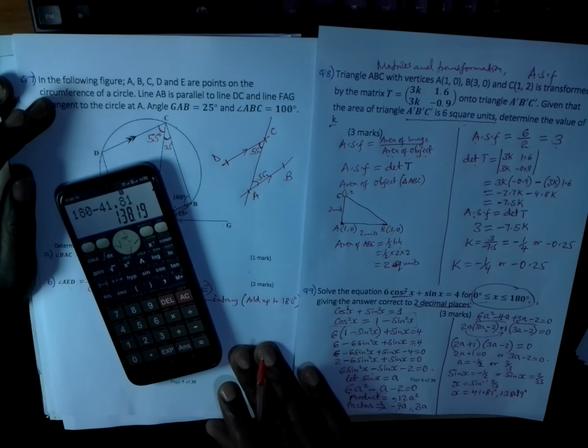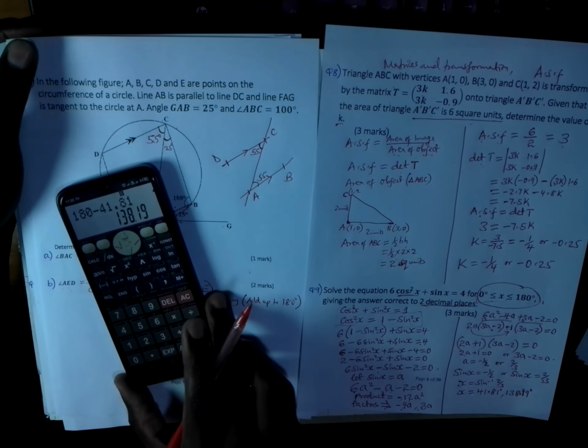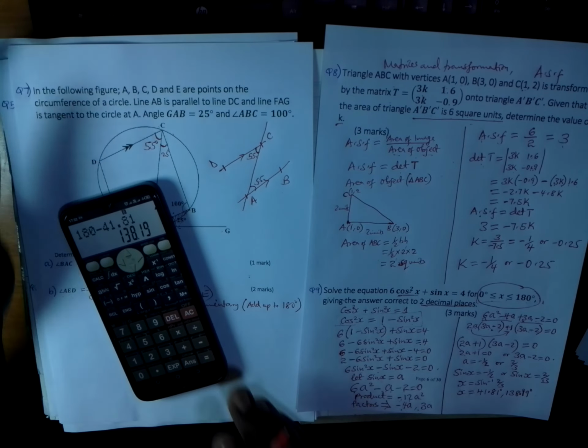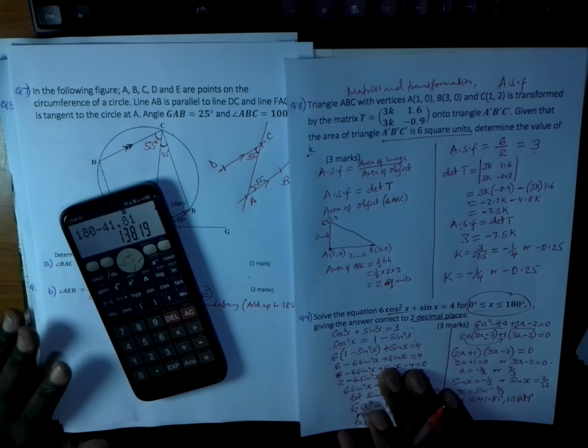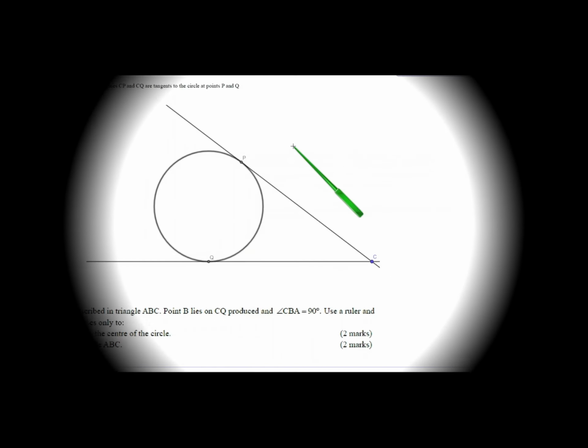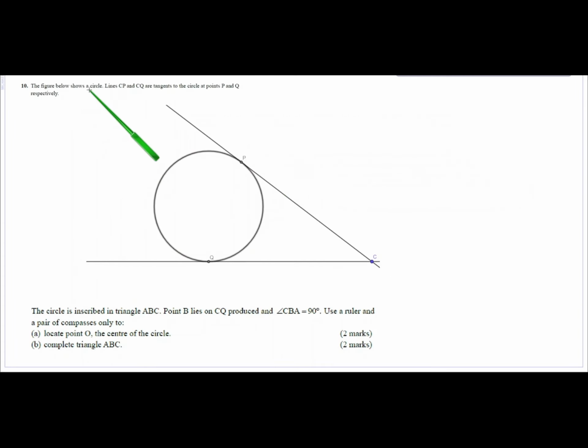So we move on to our next question, and that is question number 10. The figure below shows a circle. Lines CP and CQ are tangents to the circle at points P and Q respectively. So the circle is inscribed in a triangle ABC.